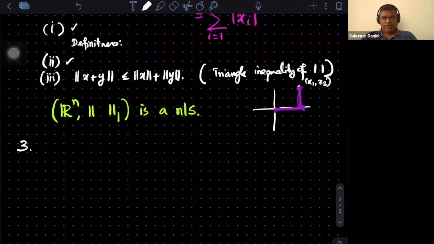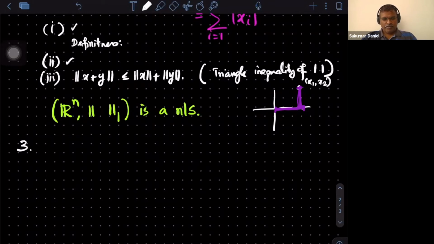Vector addition you can define component wise, and scalar multiplication you can define component wise. The norm of this new x, whose coordinates are x1, x2, is defined as norm 1 of x1 plus norm 2 of x2. So whether this will be a norm is the question.